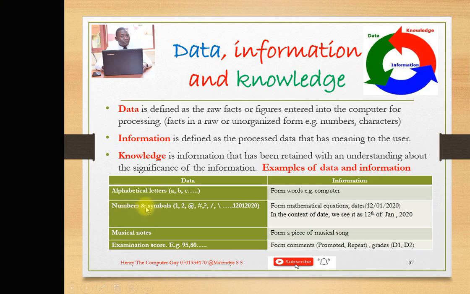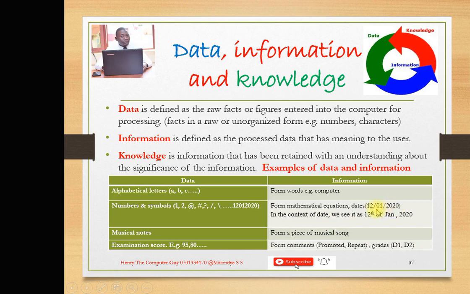Then we can have numbers and symbols, for example 1, 2. When we form or change these, they can help us to form a mathematical equation. Any equation that you write in math can form a meaning. We can have the dates. Remember, we had this number here, which is 1201200.